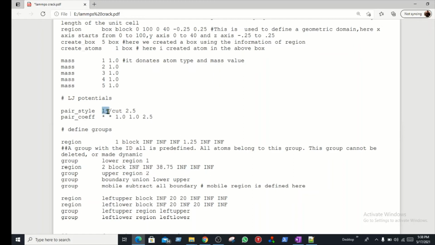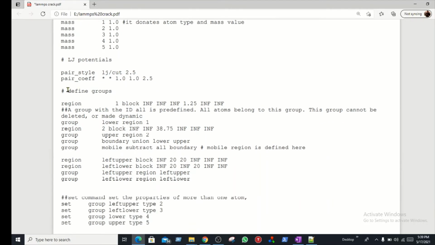It could be LJ, it could be Finnis-Sinclair, it could be EAM, and etc. Then pair coefficient, and these indicate the parameters of the Lennard-Jones potential. It is acting as a potential file here. Okay.